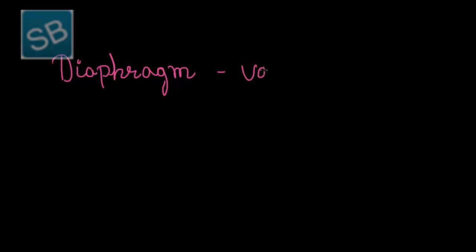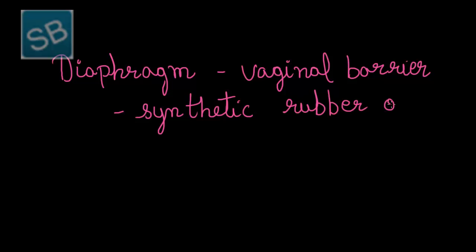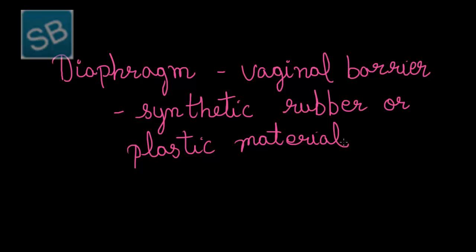Thus, it acts as a vaginal barrier that is made up of the same material as condoms, that is synthetic rubber or plastic material. It is similarly entered into the female reproductive duct to cover the vagina or cervix.